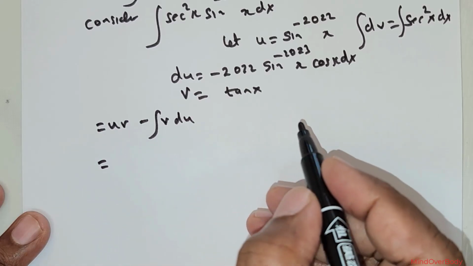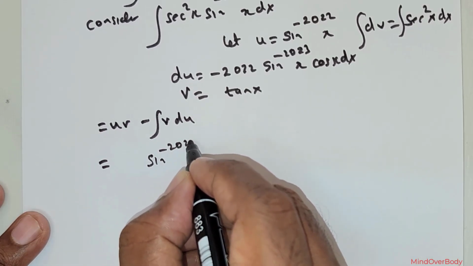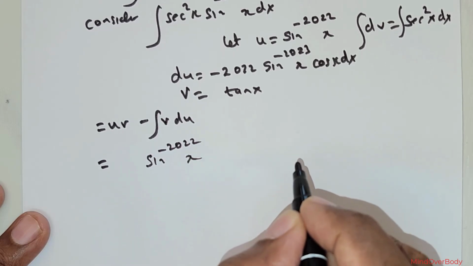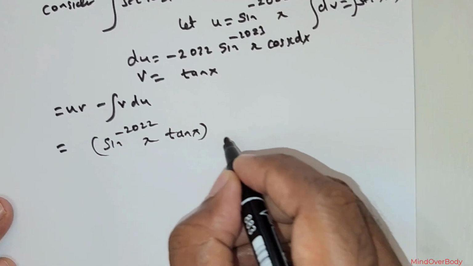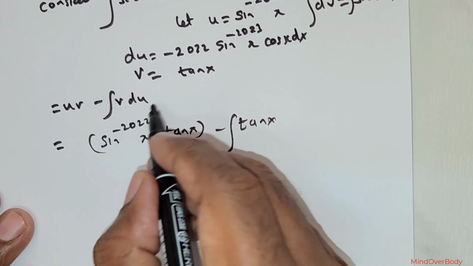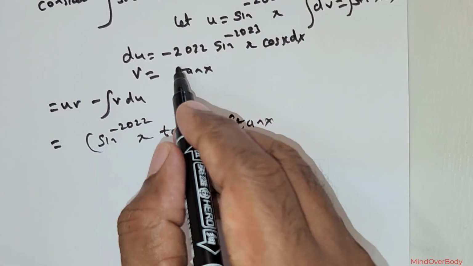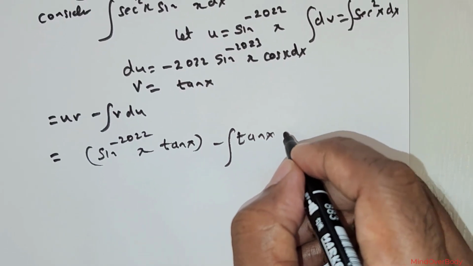So my u is sine raised to the power of negative 2022 x. My v is tan x. Minus the integral of v, which is tan x, times my du, which is negative 2022, so that will be positive.